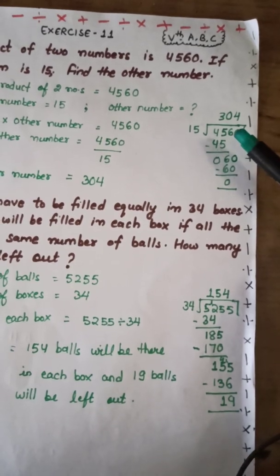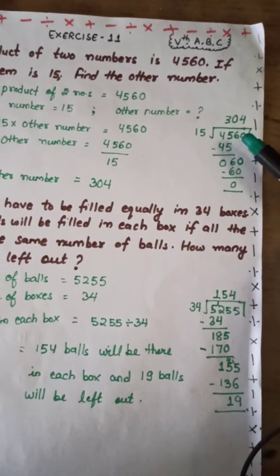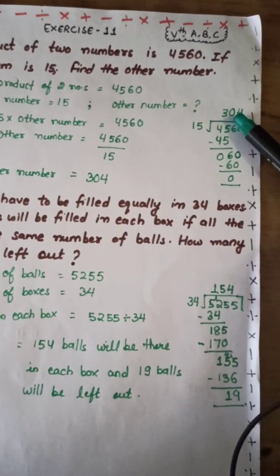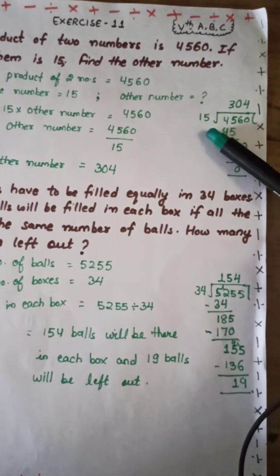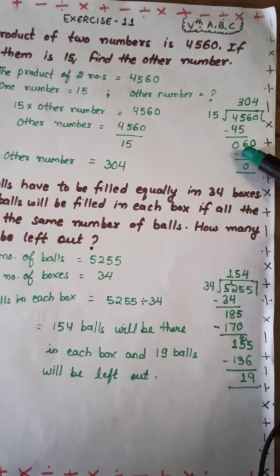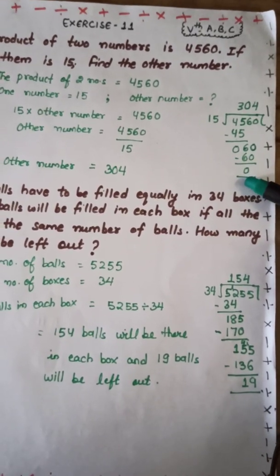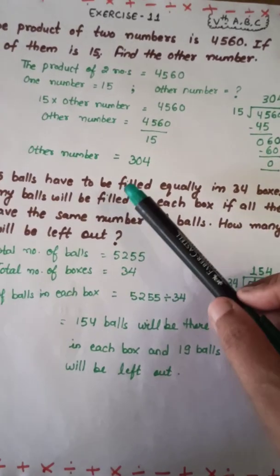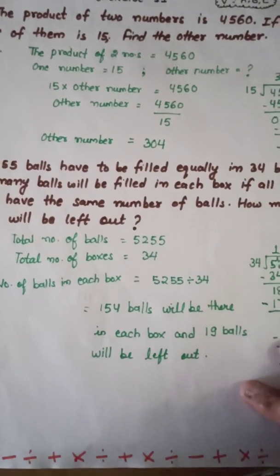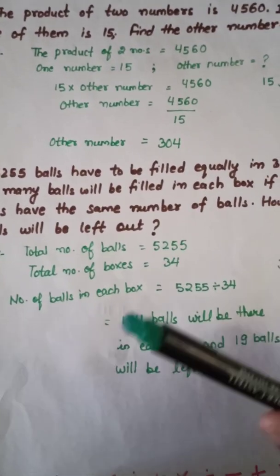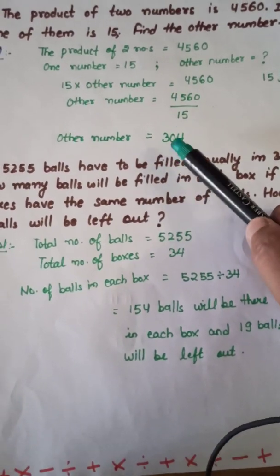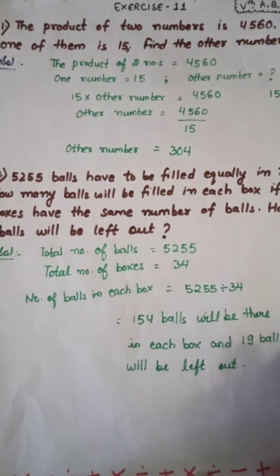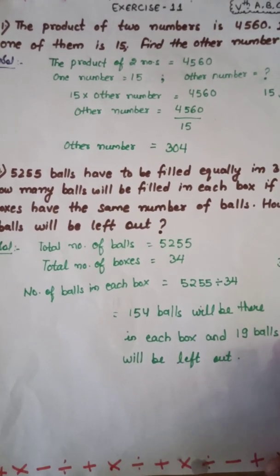Always remember, we cannot take two digits together without writing 0 over here. Now 15 4s are 60. After subtracting we get 0. So our final answer is 304. It means that if we multiply 304 and 15, we will get 4560 as the answer.